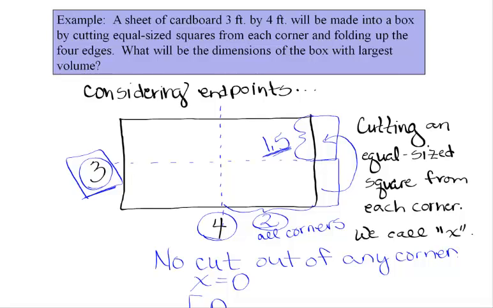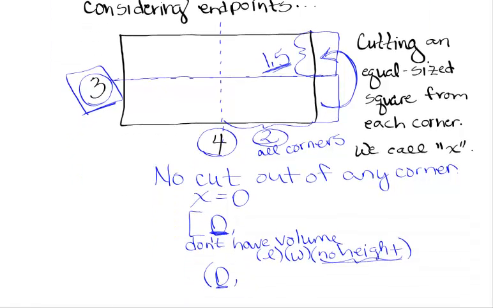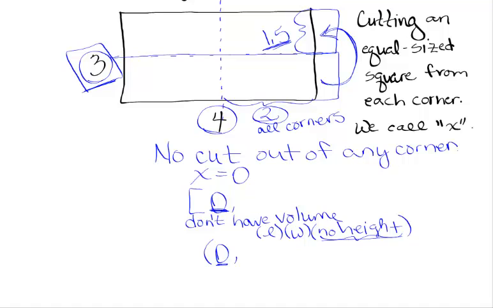So if I take my cardboard and I fold it in half, and I put one piece of cardboard on top of another, then I've got x as far as my right endpoint is concerned. The x value is 1.5, and that's my height. But then I no longer have a width.